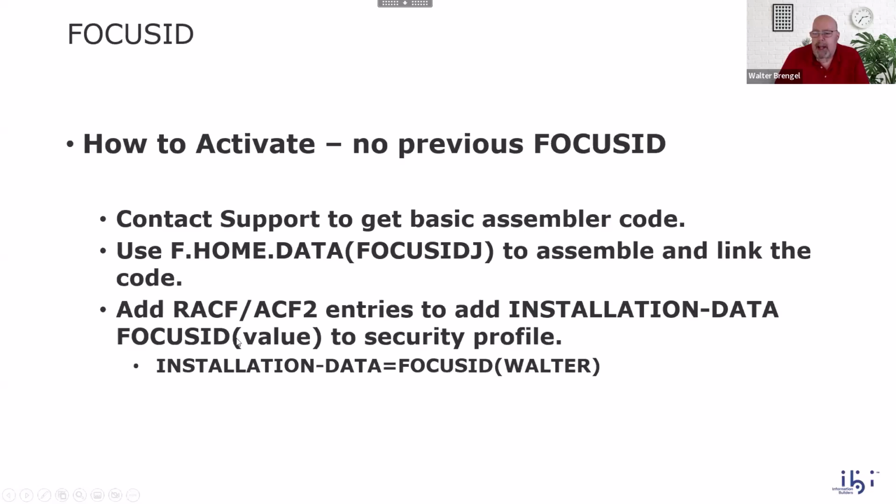And then you just need to add your RACF ATF entries to add installation data for your Focus ID value. And then you'll see that it looks like installation ID equals Focus ID, and then the value that you're going to return.